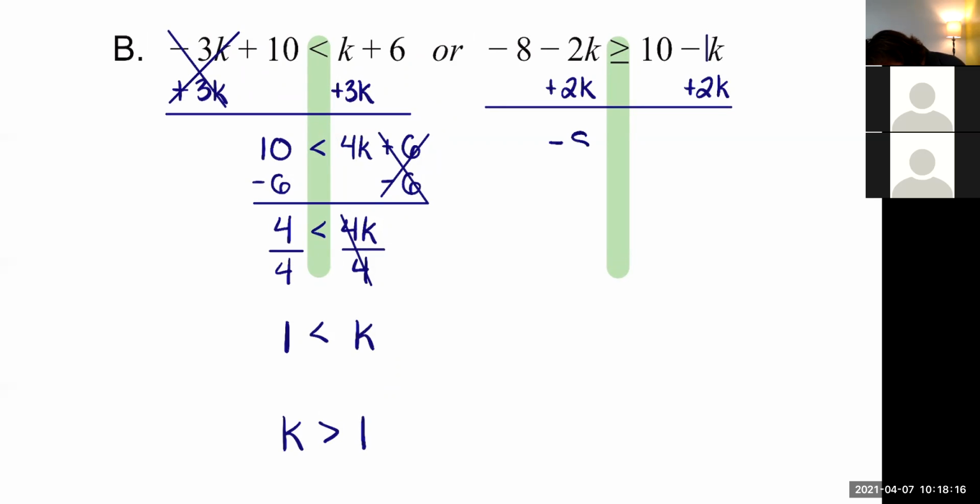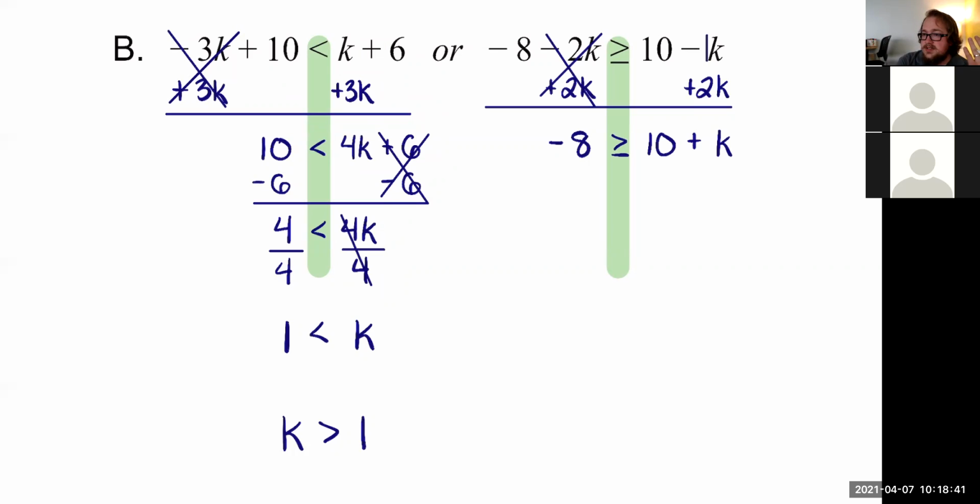Negative 8 is going to fall down. Negative 2K plus 2K is gone. The greater than or equal to sign drops. So does the 10. Negative 1 plus 2 gives me positive 1, which I did this trick, I think, yesterday. I'm going to leave the 1 hidden because that's going to save me a step here in just a moment.